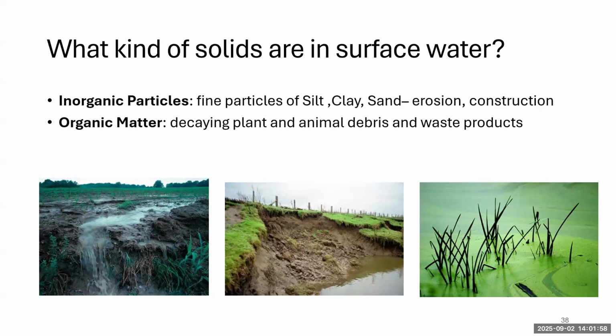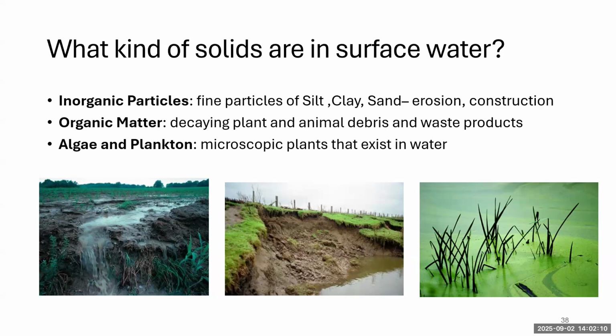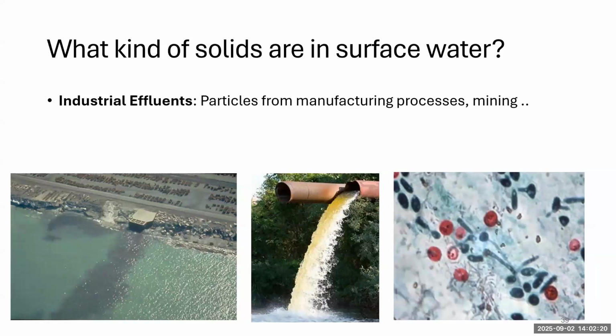You're going to find some organic matter. There's going to be some decaying plant and animal debris or organics that can create disinfection byproducts if we don't remove them. The same goes for algae and plankton, microscopic plants that grow in water sources. Also, you'll find some evidence possibly of industrial effluents, like PFAS.